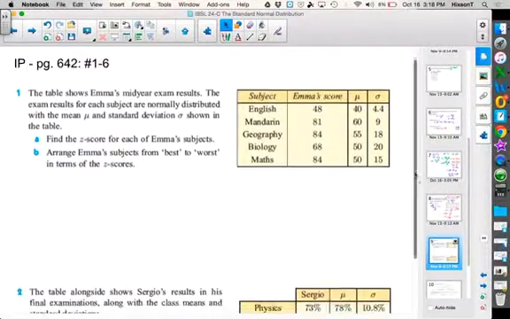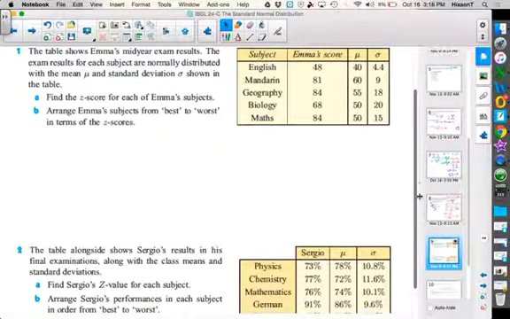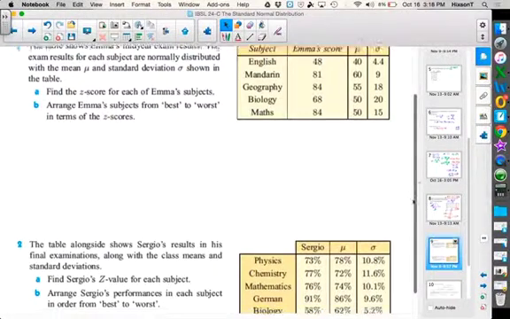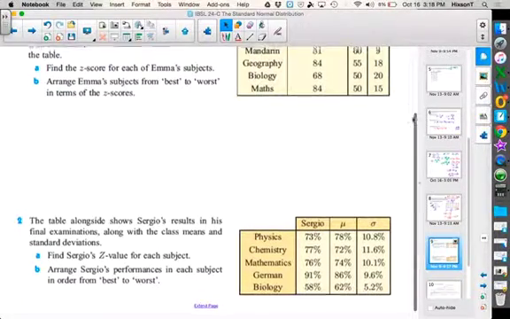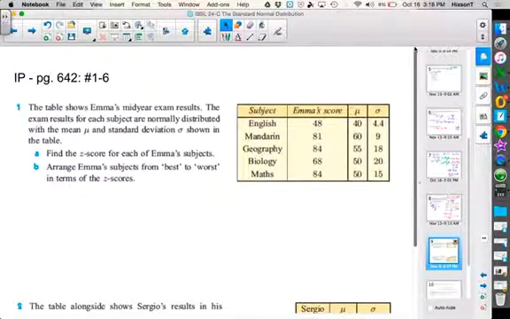For numbers 1 and 2 here, they're both talking about mid-year exams or final exams. So for exams, we want our scores to be high, okay? A negative z-score would not be good in this situation. So here they have you finding a z-score for each of these different subjects, and by comparing them to the class, we can determine, hey, which was her best subject, which was her worst subject, okay?